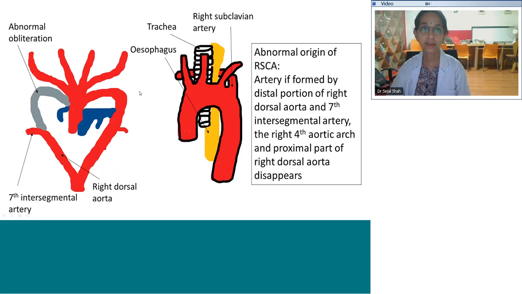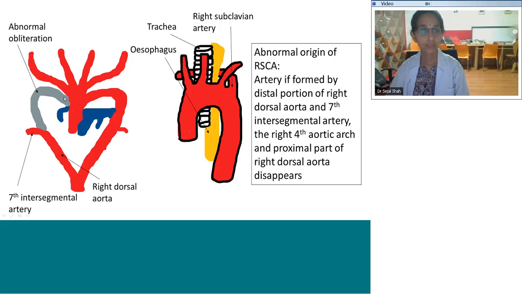Now coming to the subclavian artery which is abnormal. So, for example, you have an abnormal origin of the right subclavian artery in a left aortic arch. So why does it happen? The right subclavian artery is formed normally by the distal portion of the right dorsal aorta and the 7th intersegmental artery.